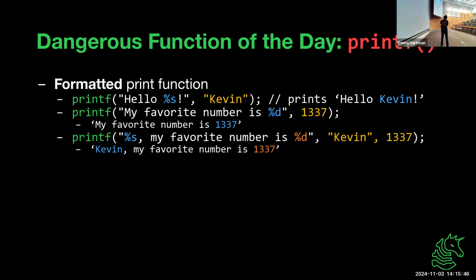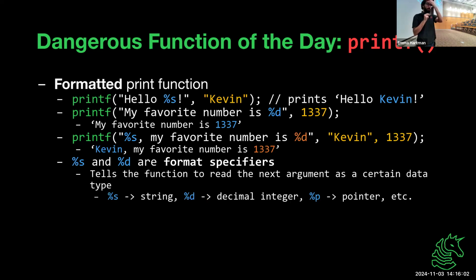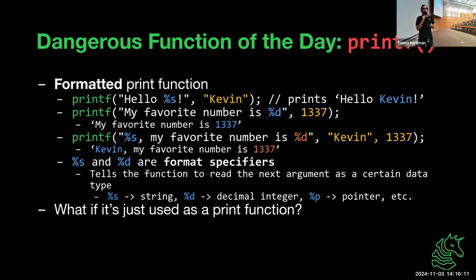So you can provide %s and then %d, and then it will look for the next two arguments, put those in, format as a string, print it out, lots of stuff. So these are format specifiers. These will try to look for arguments to replace itself with. There's also %p, which is pointer. There's a table of like 20 of them you can look at in the man pages.